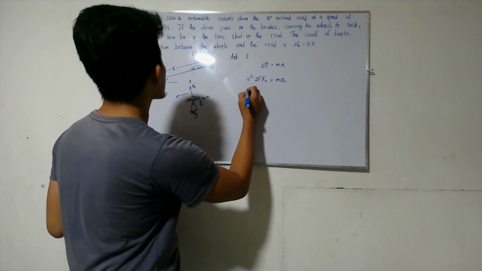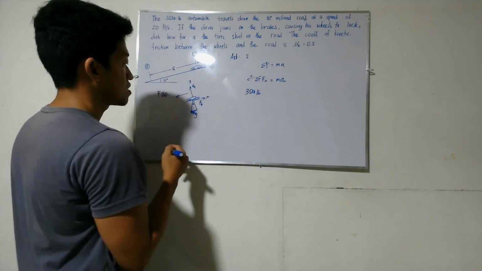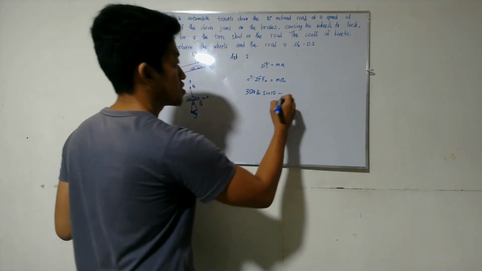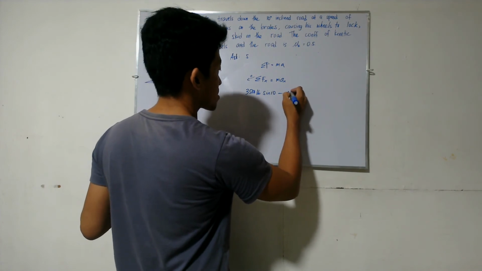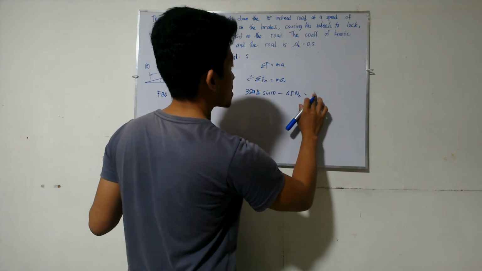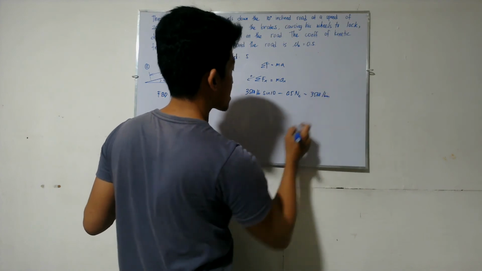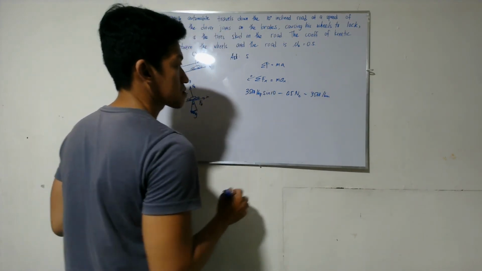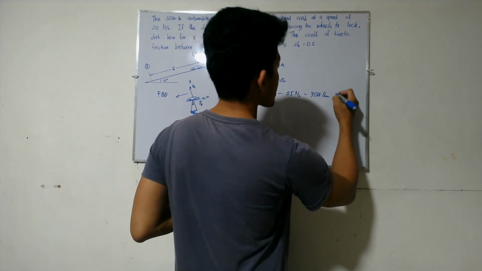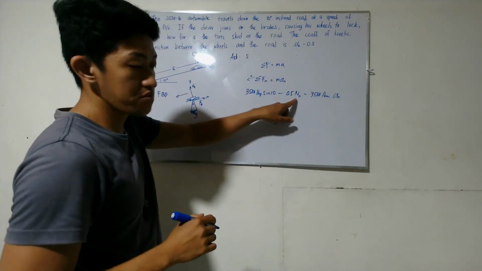So you have mg, the weight 3,500 pound, sine 10, minus mu k, 0.5, times NC, is equal to the mass. Again, the mass is 3,500 pound mass, times AX.